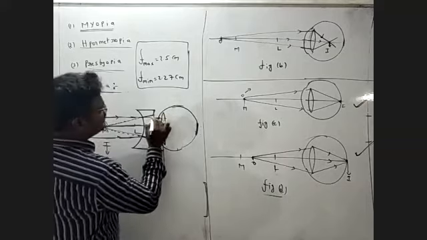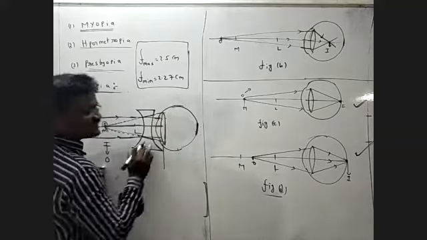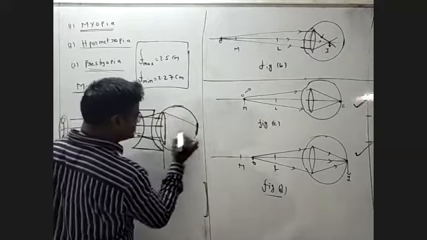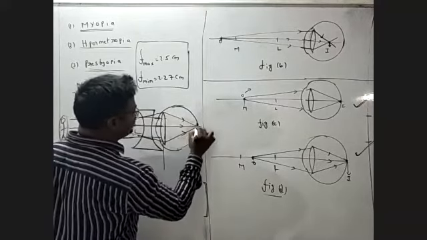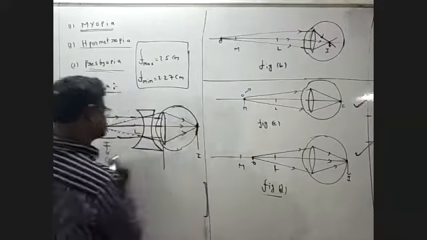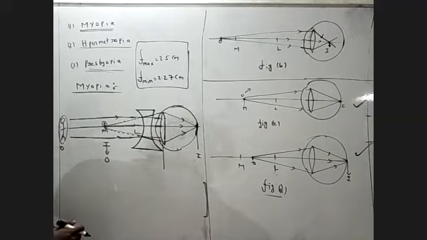This is the line. Now it strikes at this point. So the convex lens is a convergent lens. The rays converge like this, and the image forms on the retina. This is the image. This is the correction.